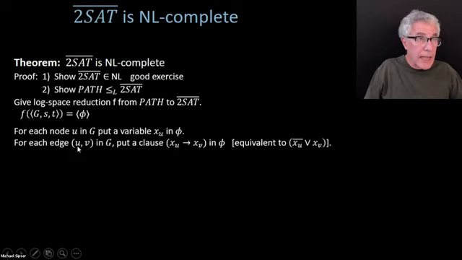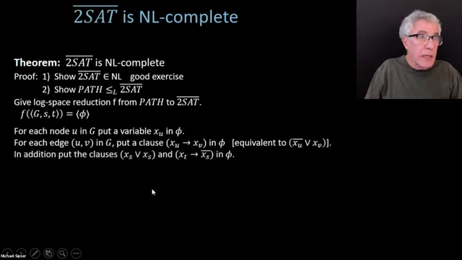If there's an edge from U to V, then there's going to be an implication in the formula that says if XU is true, then XV is true. Note that that's equivalent to the more conventional way, XU complement or XV. These are logically equivalent, so I'm not cheating you here in terms of being a two-SAT problem. They really just look like this.